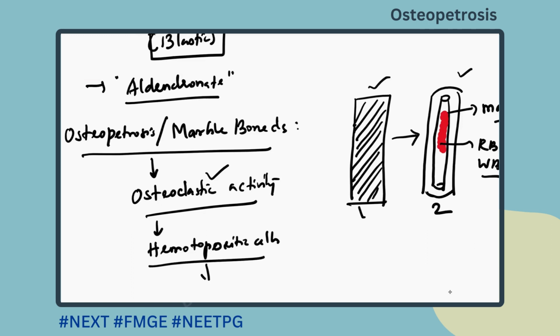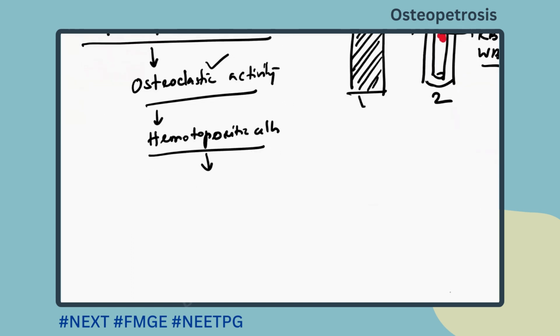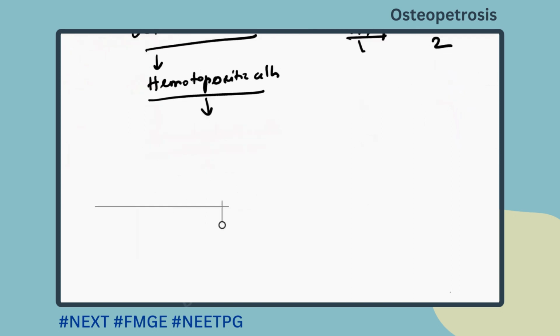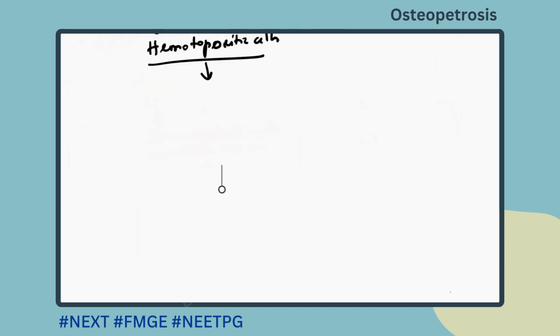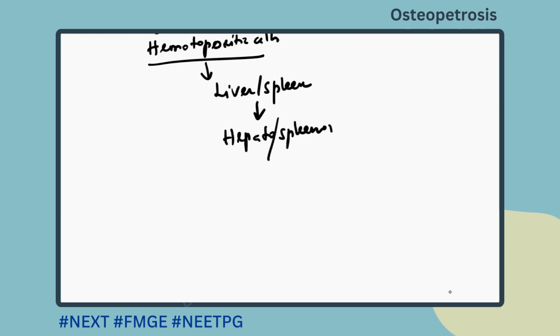When hematopoietic cells are not produced from bone, what are the other sources of hematopoiesis? Liver and spleen are the other sources of hematopoiesis. So they enlarge, resulting in hepatomegaly and splenomegaly. So in marble bone disease, the patient will have hepatomegaly or splenomegaly.